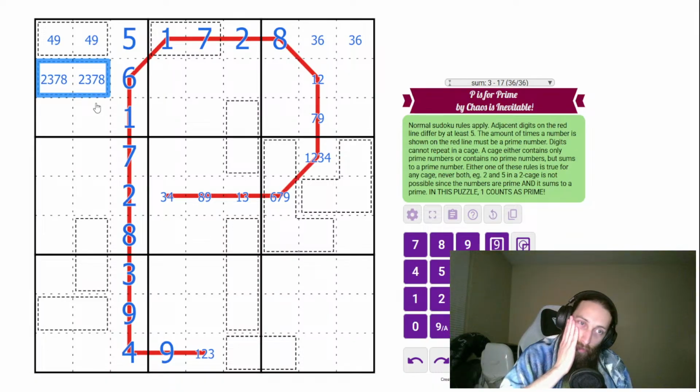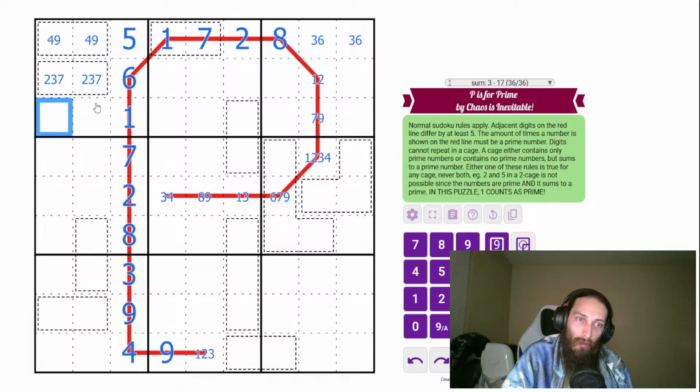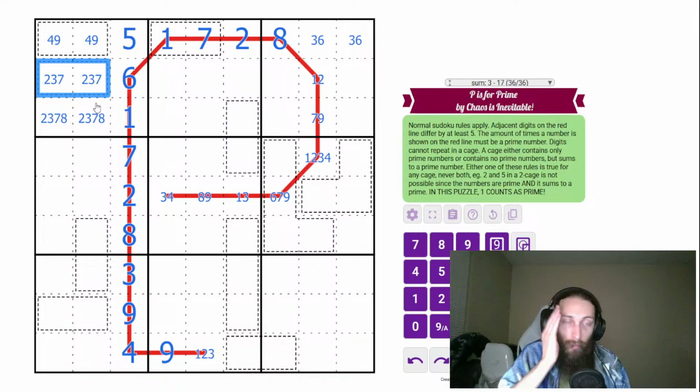It could be 2, 3, or 7. It just can't be 8, because 8 is composite. But 2, 7 is 9. Oh, no, because it has to sum to... It cannot be a prime. So it can't be 2, 3. So it has to have 7.